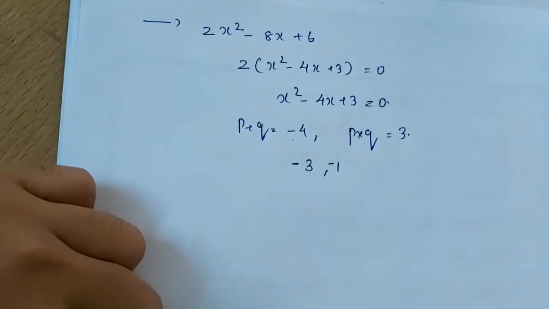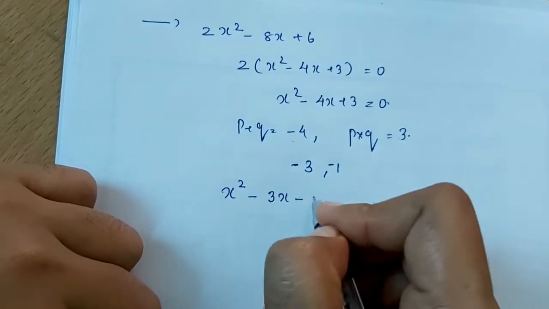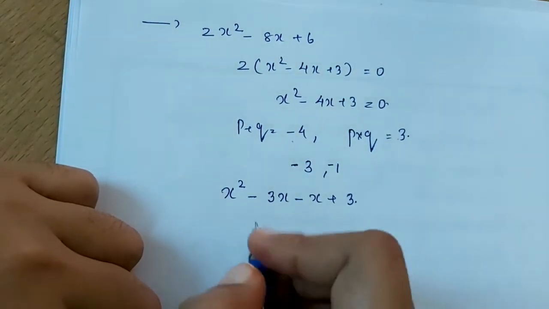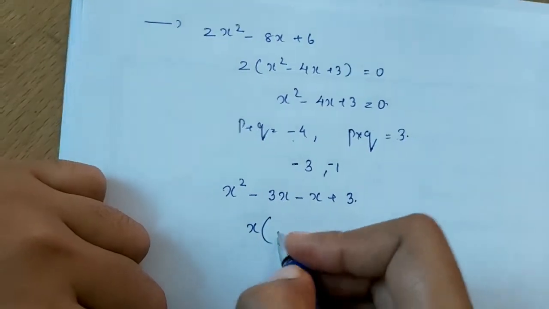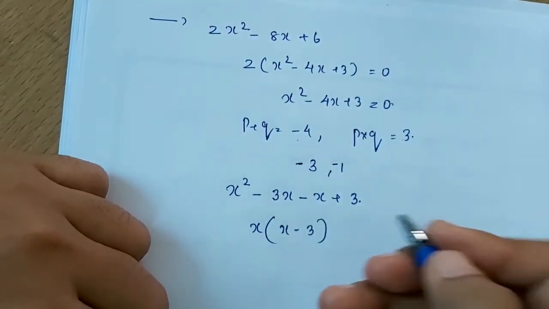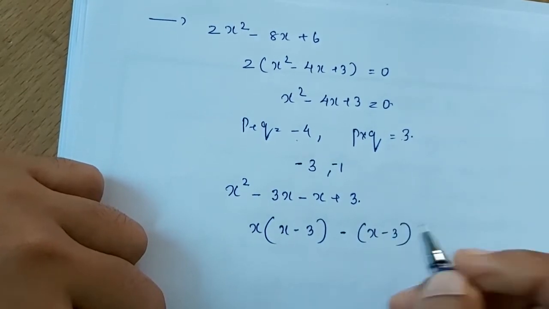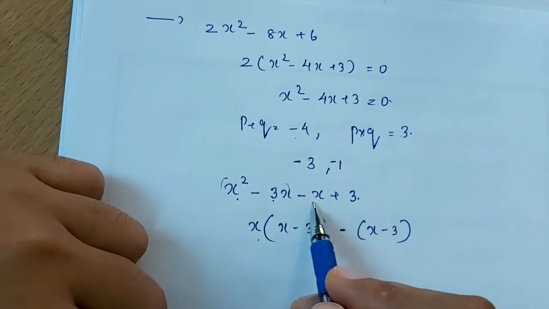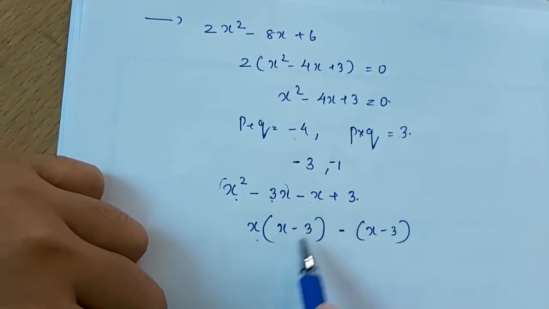Okay, let's go to the splitting step. x² − 3x − x + 3. Then grouping: x(x − 3) − 1(x − 3). Here, from these terms we take x as common, and from these terms we take −1 as common, because we have to take the common value outside.